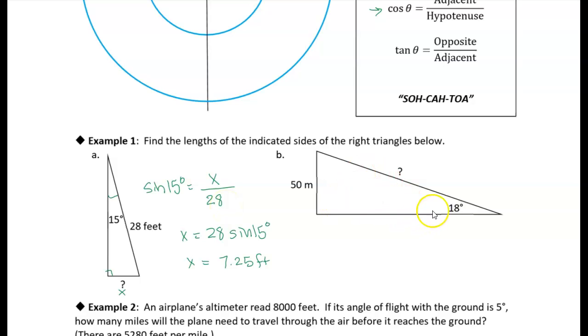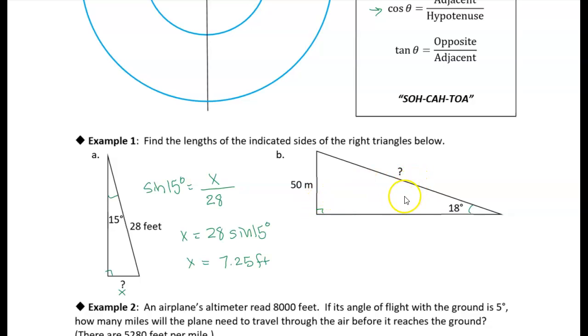Let's take a look at this next one. I'm given an 18-degree angle down here, and one of the sides is 50 meters. We're going to assume this is the right angle. And we want to know the hypotenuse now. Usually when I see these triangles, I try to think, what do I know and what do I want to find? I know the opposite, and I want to find the hypotenuse. So which one of my trig functions involves opposite and hypotenuse?